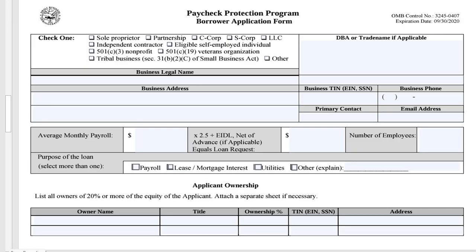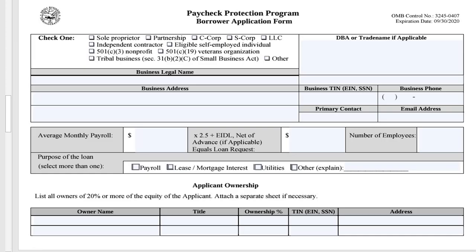So this is the first version of the SBA 2483 PPP loan application form, which the SBA created and published back in April of 2020.